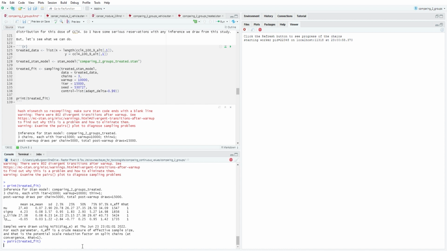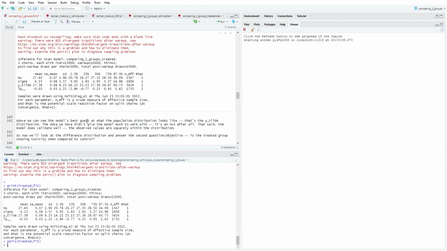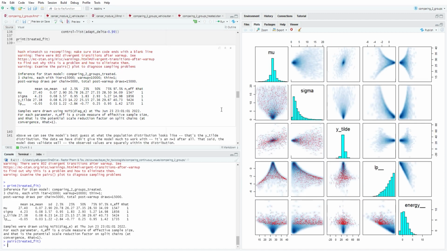This will just take a second for it to load up. It's saying 802 divergent transitions. So what's happening, oh yeah, look at all those little red dots. So here within mu by sigma, we can see we're getting the divergent transitions all over the place across all the values of mu and across all values of sigma.